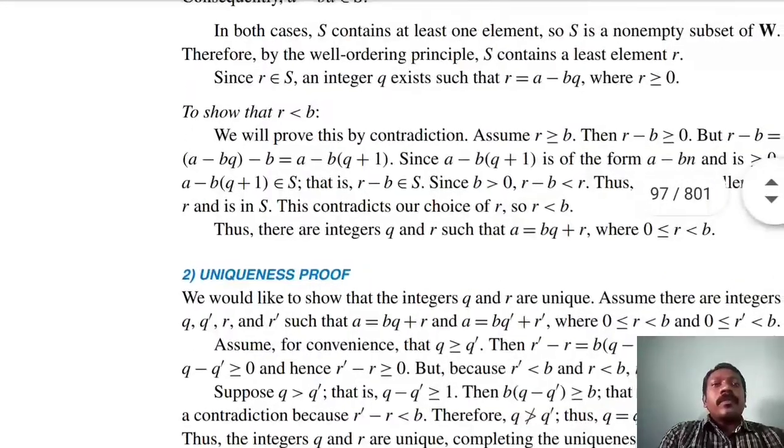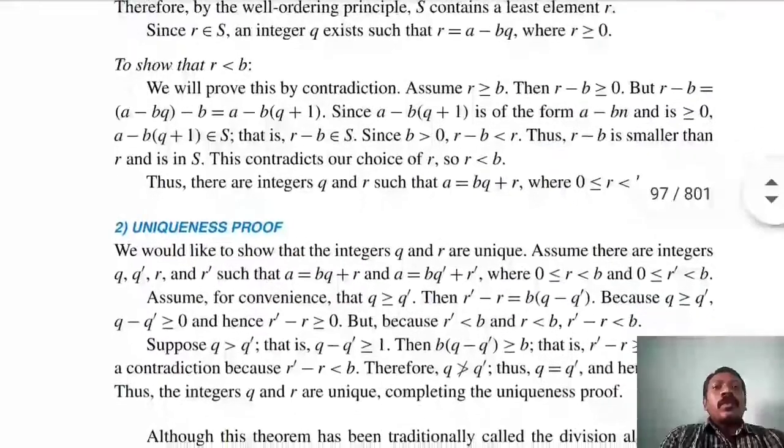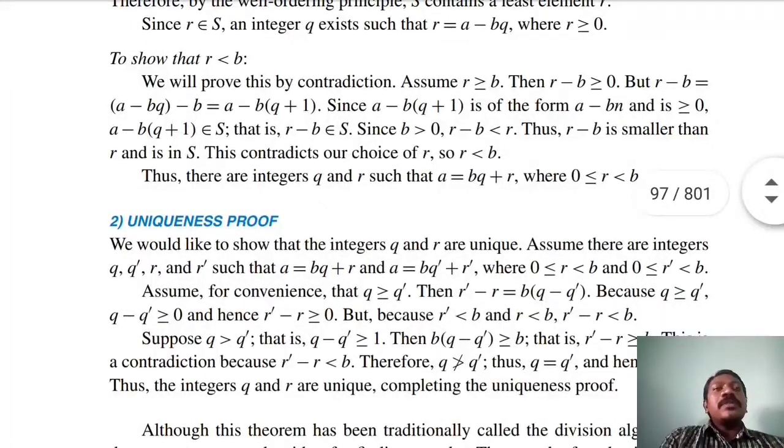See, we are going to prove this by contradiction. Suppose r is greater than or equal to b, then r minus b greater than or equal to 0.